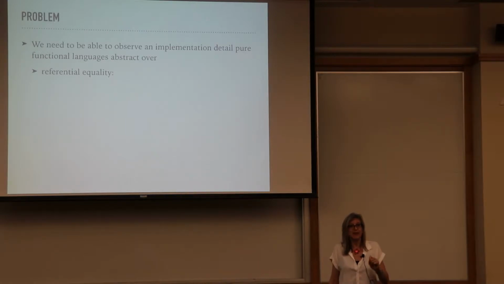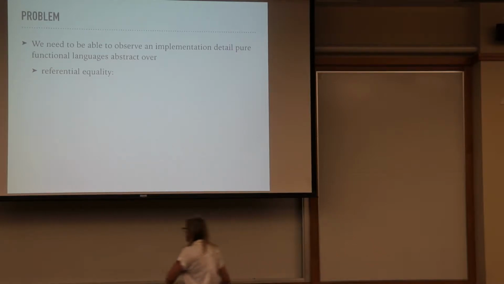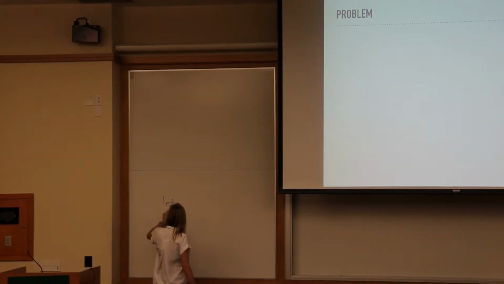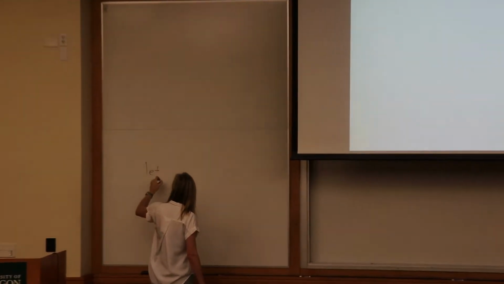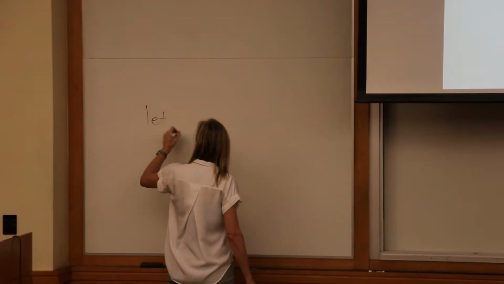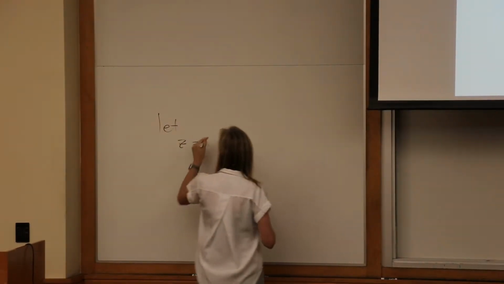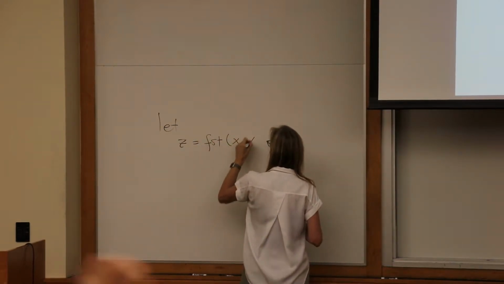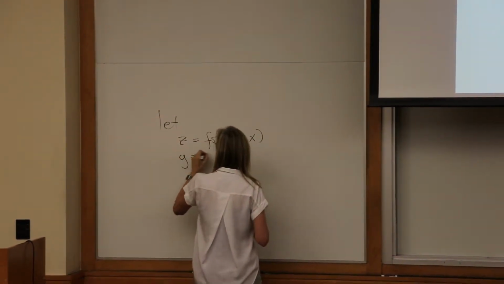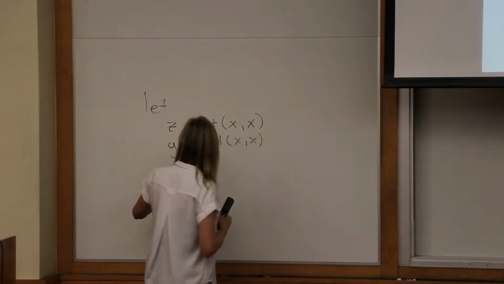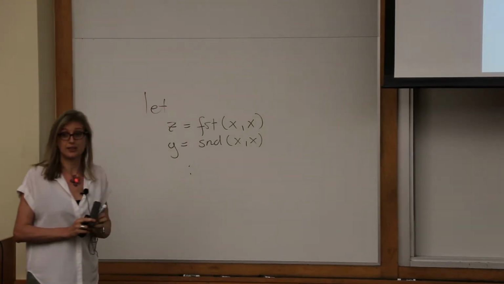It's made even worse in some sense in a lazy language. If you have let z equal first of x, y equal second of x, and then you try to figure out whether z and y are the same.